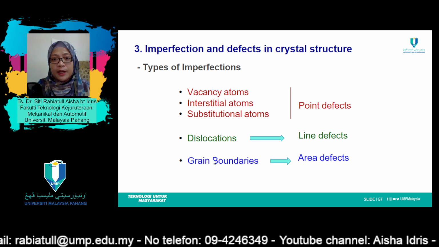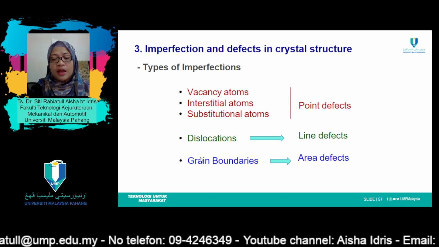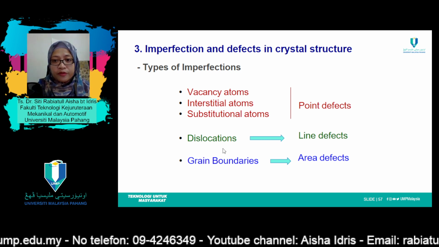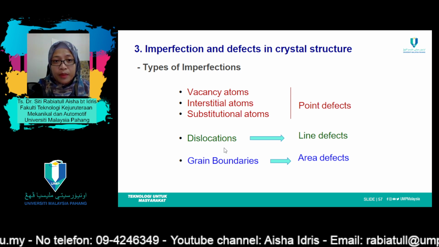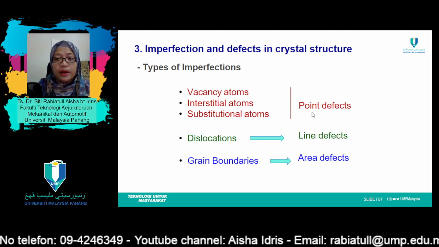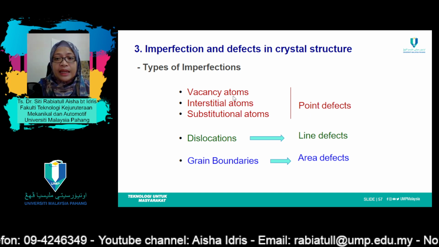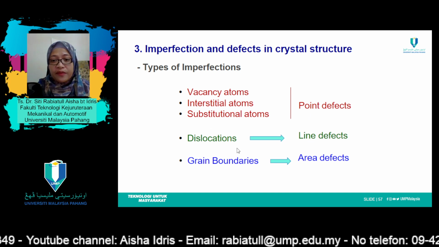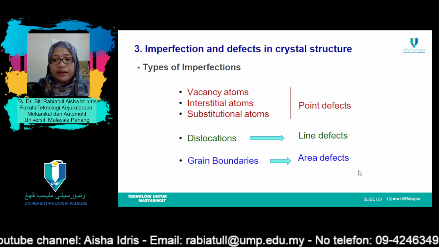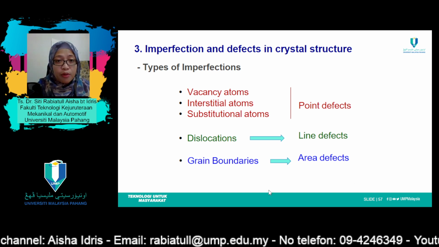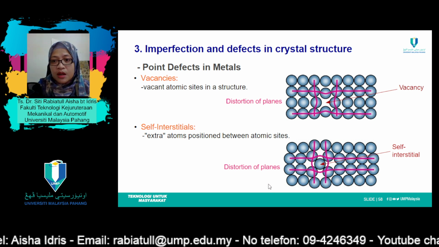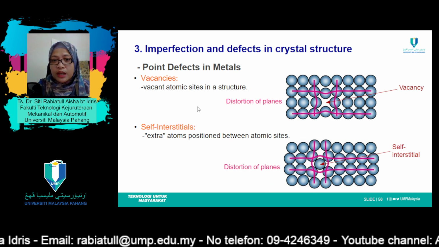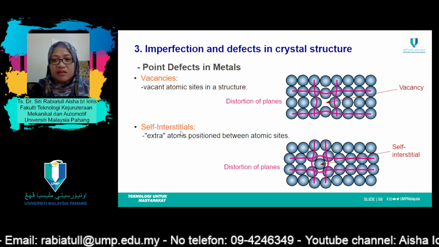All right. For types of defects, there are three types that we need to know. Number one is point defects, like vacancy, interstitial, and substitutional. For line defects, there is dislocation, and for area defects, there are grain boundaries. This is what is meant by vacancies and interstitial.